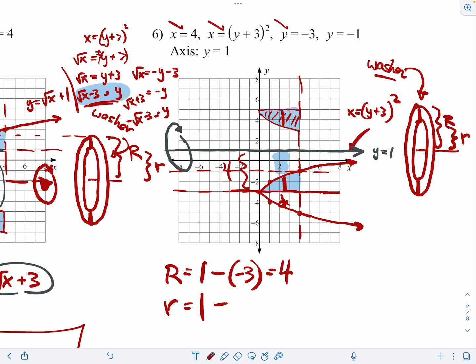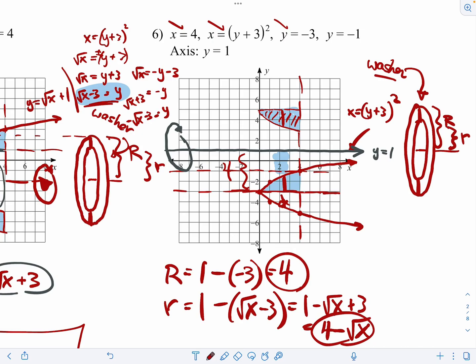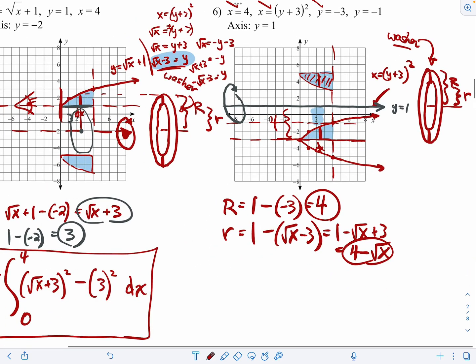Thankfully, I've solved it in terms of x. There was another silver lining to analyzing that. That's 1 minus radical x minus 3. We'll clean that up. That becomes 1 minus radical x plus 3. That is 4 minus radical x. We have our 2 radii.